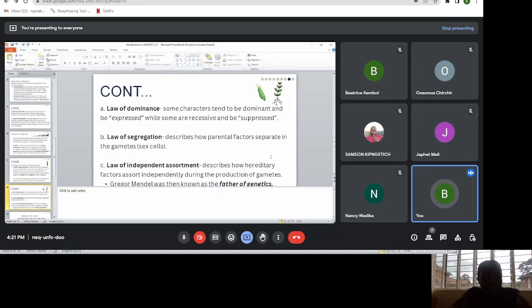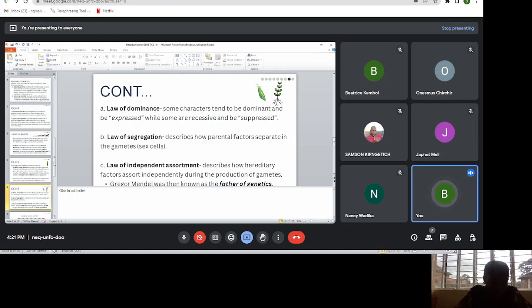So you find that the other 2 laws are basically the law of segregation, which entails the separation of genes at the gametes, and the third one is the law of independent assortment, whereby the heredity factors are independently separated during production of gametes.